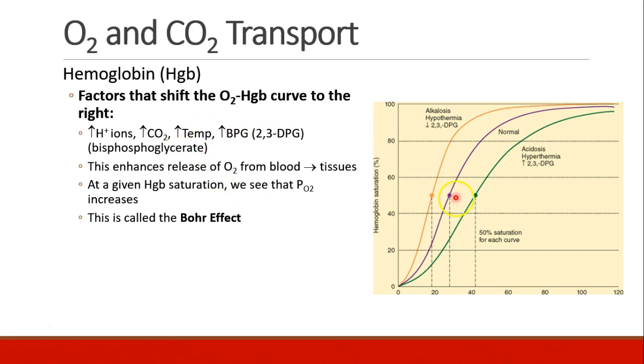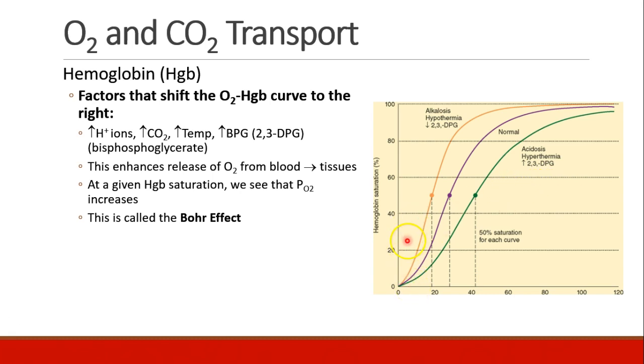All of these factors shift the hemoglobin curve to the right. What does this accomplish? It enhances the release of oxygen from blood into tissue. So if a patient is acidotic, they may have a situation where not enough oxygen is being delivered, so it shifts the curve to the right, and oxygen is released from hemoglobin more easily.